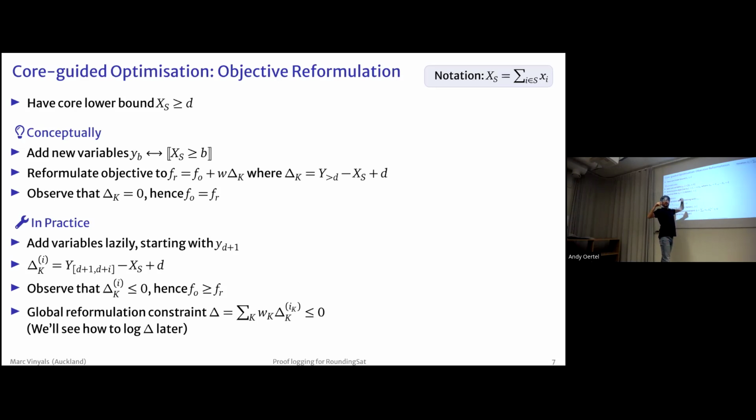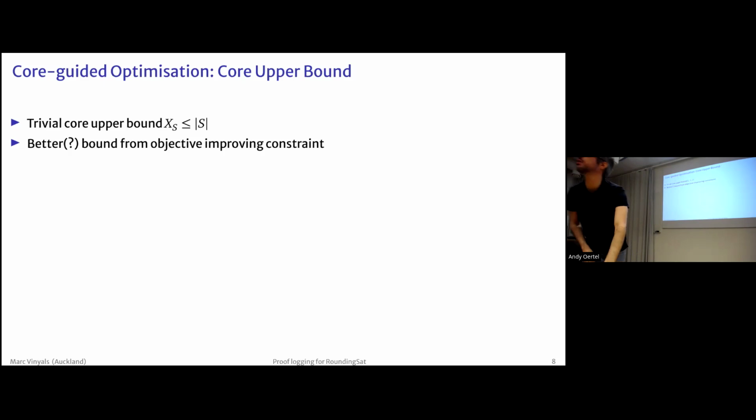Because of the assumptions, we had found that some of these variables must be at least d. Now, it's also going to be helpful to have an upper bound on the core. A very trivial upper bound is that we've got n variables, so of course some of these variables can be at most n, right? Nothing to see here. But sometimes we can get a better bound just by looking at the objective improving constraint.